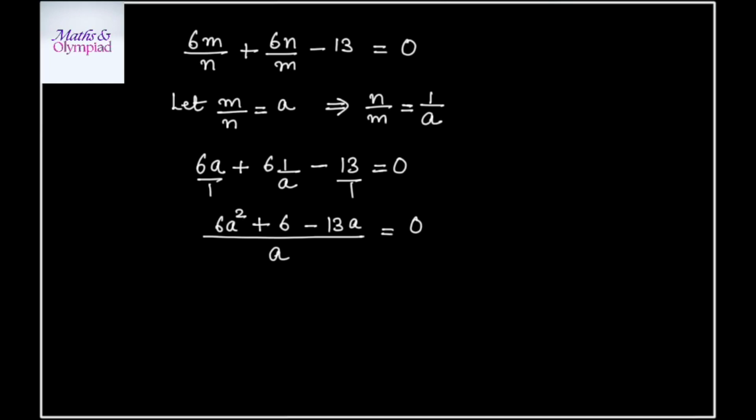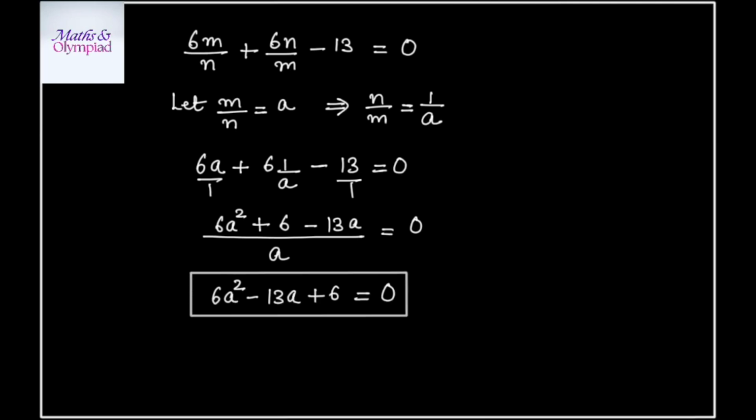So our final equation will be 6a square minus 13a plus 6 equal to 0. This is a quadratic equation in terms of a. We will use the splitting the middle term method to solve this equation.